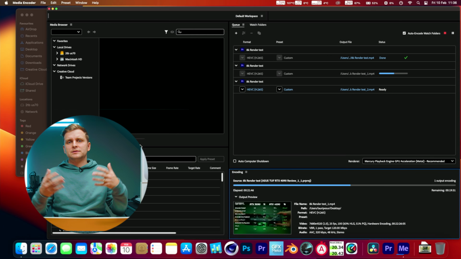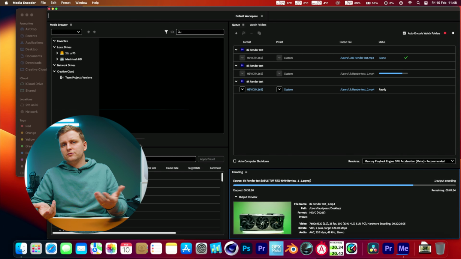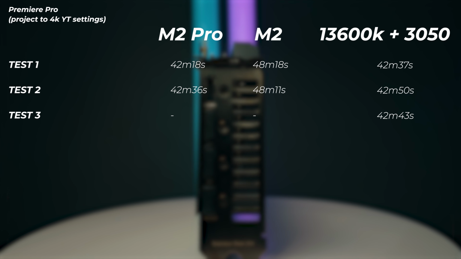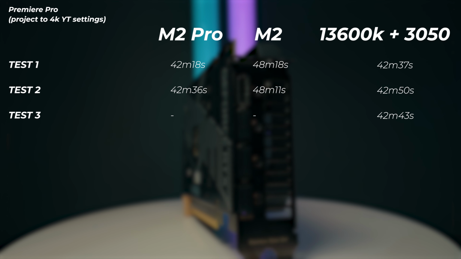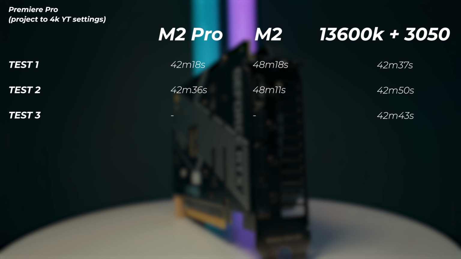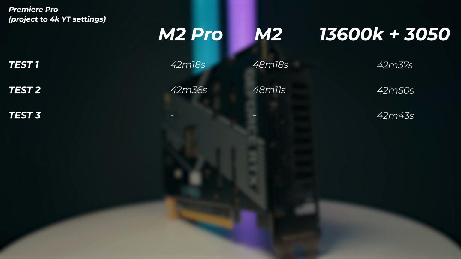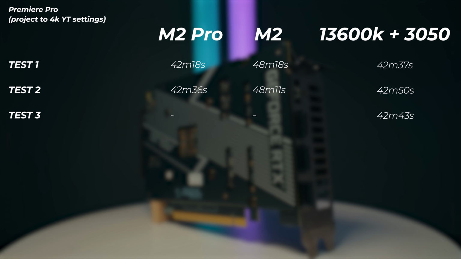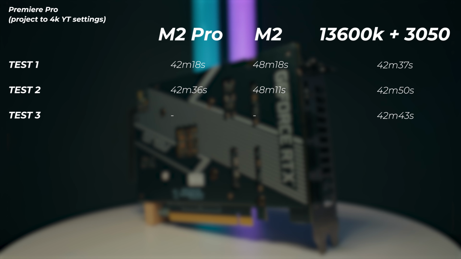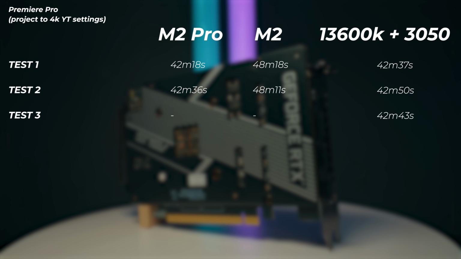I did it multiple times to see if I'm getting the same result basically. The M2 is about 6 minutes slower, but the PC is slightly slower than the M2 Pro, roughly around 42 minutes and 40 seconds, 45 seconds, which is just 10-20 seconds slower than the M2 Pro.